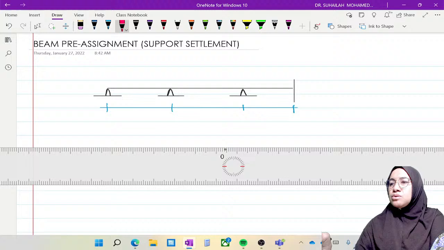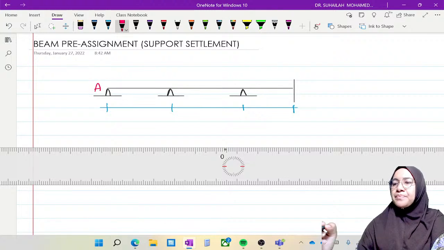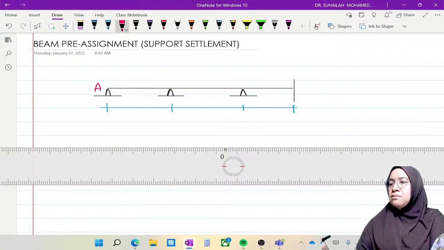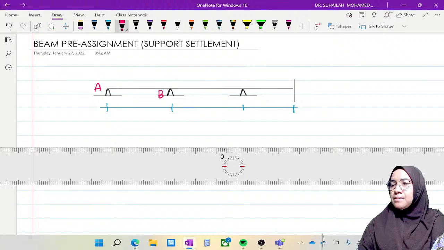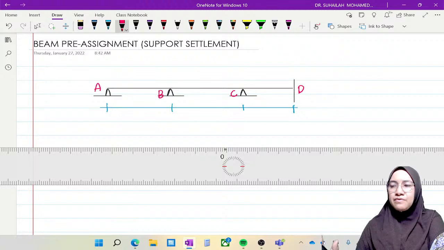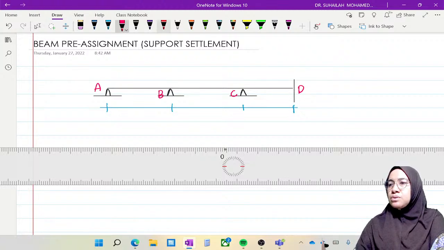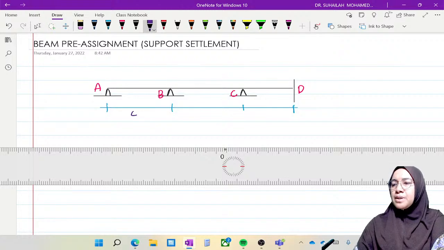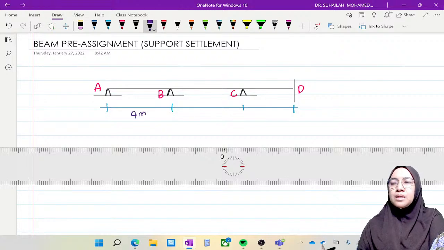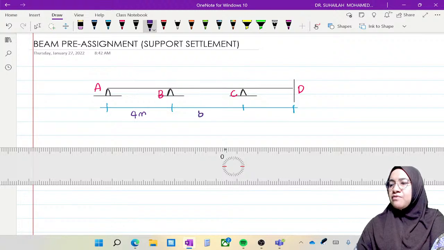So A is pin, B, C, and D is fixed. The length of AB, for example, is 4 meter, B to C is 5 meter, and C to D is 3 meter. So 4, 5, and 3 meter.